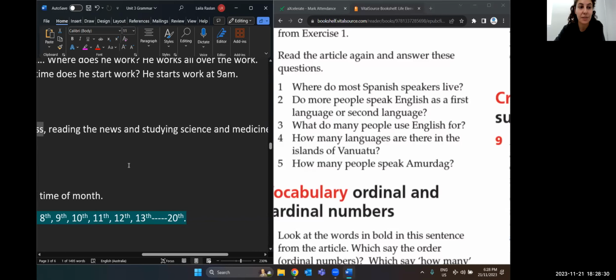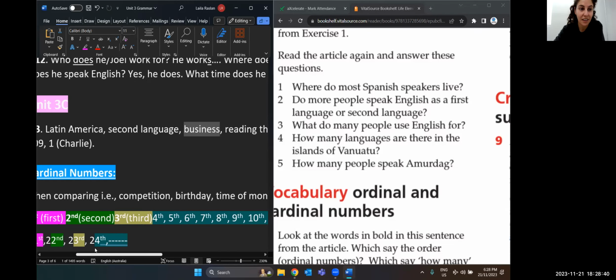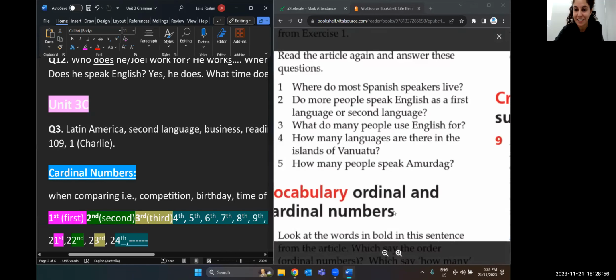That's why people use English. How many languages are there in the islands of Vanuatu? 109. That's how many islands, 109 islands. And how many people speak Amharic? 1. And his name is Charlie. He's the only person who speaks that language.